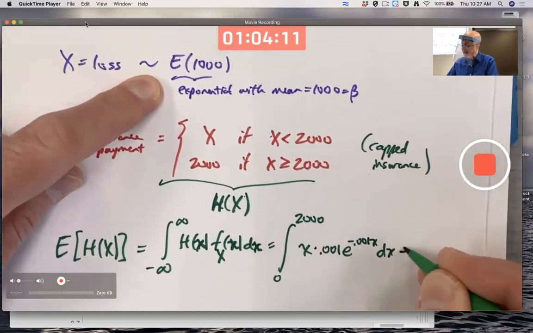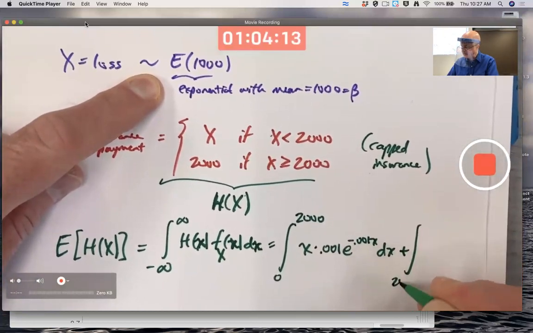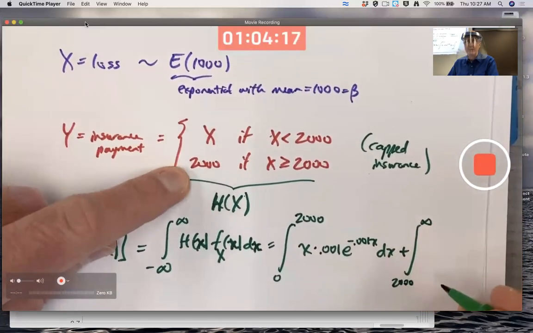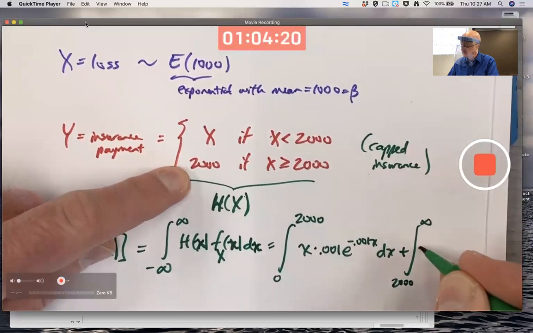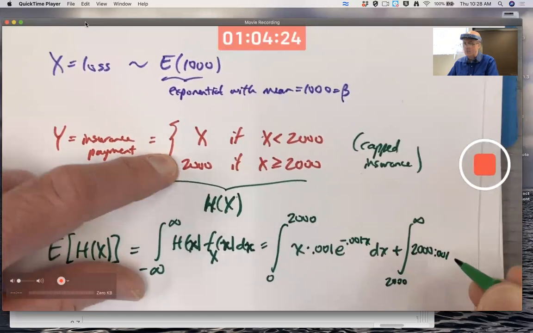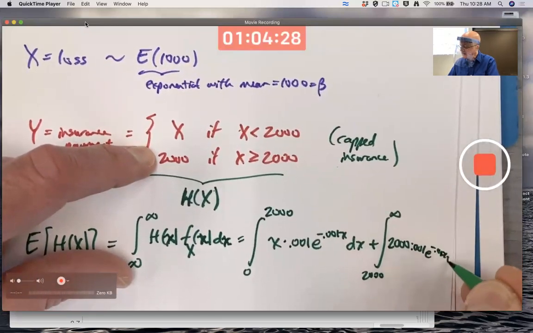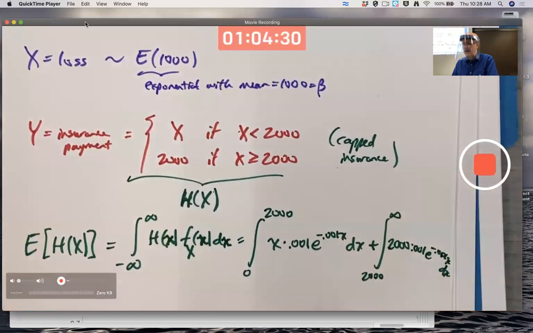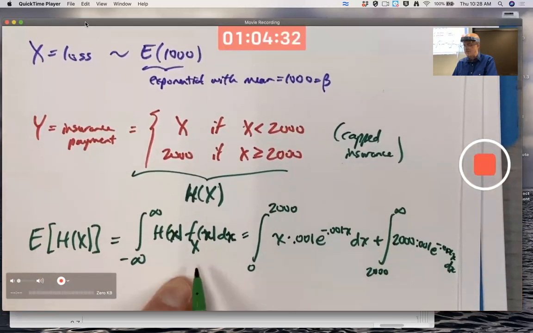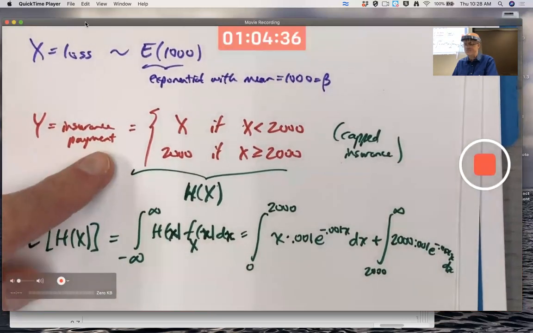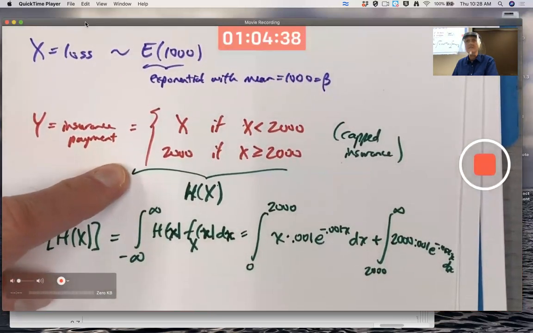But then I have to add the integral from 2000 to infinity of 2000 times the PDF, 2000 times 0.001 e to the negative 0.001 x. Right? I am integrating h of x times f, but I can split that into two pieces because the h function is piecewise.